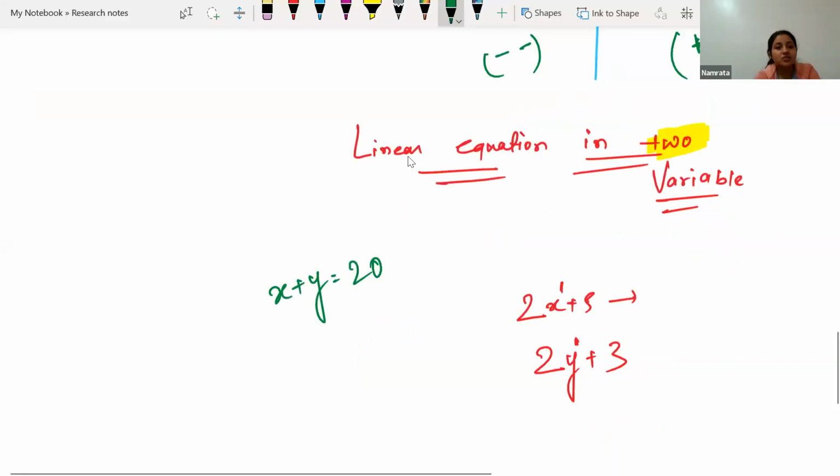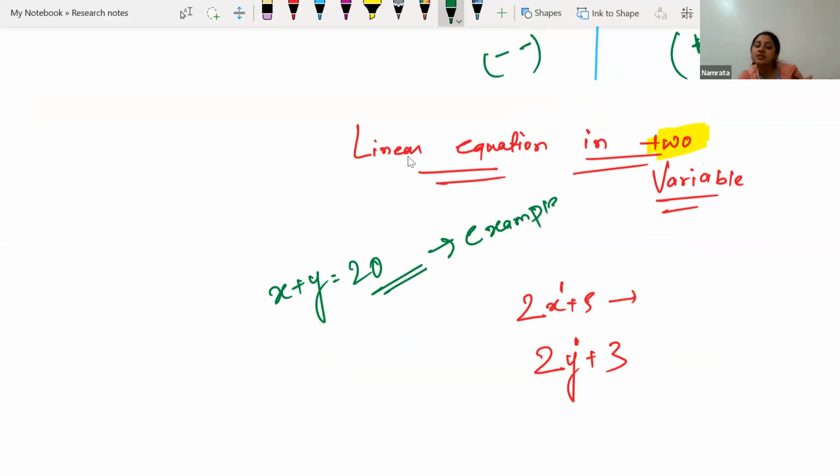So this is an example of a linear equation in two variables. Here you can see one of the variables is x, another variable is y. Why linear? The highest power of the variable is 1 over here.